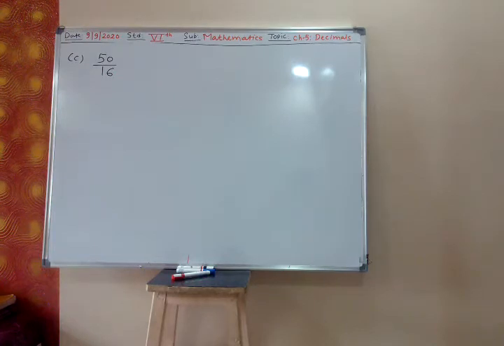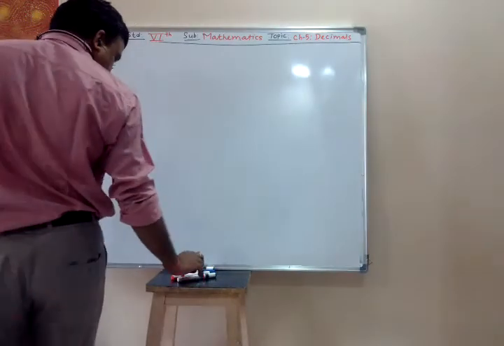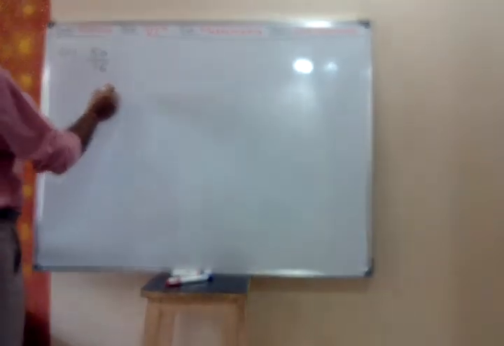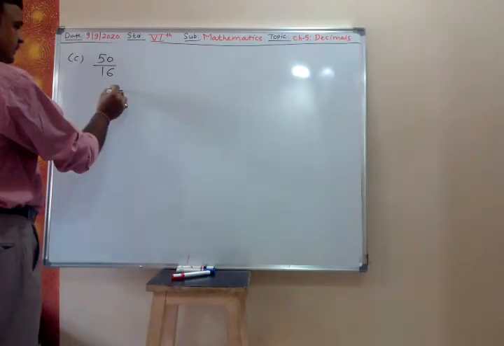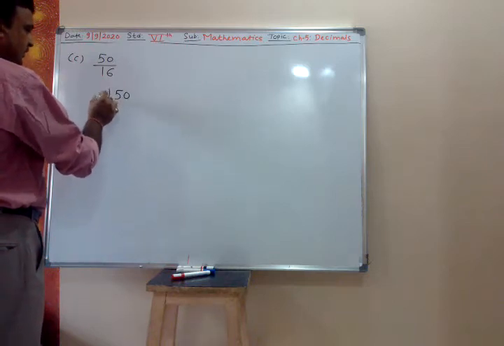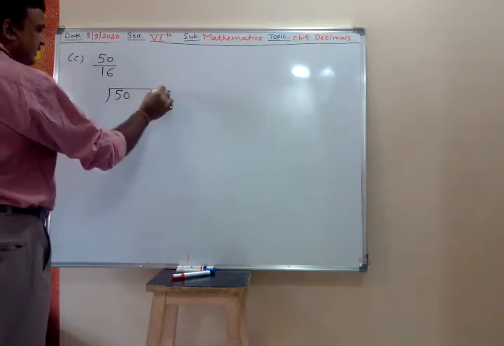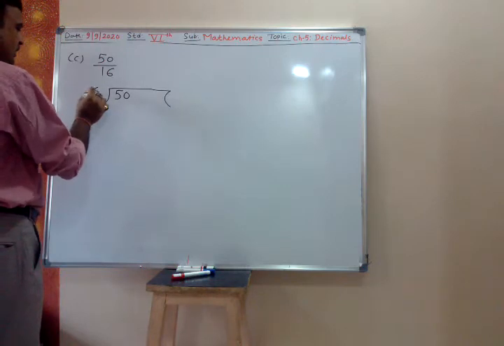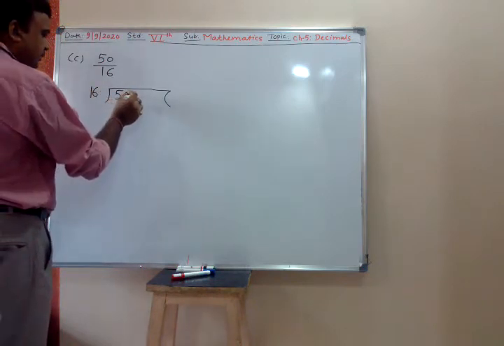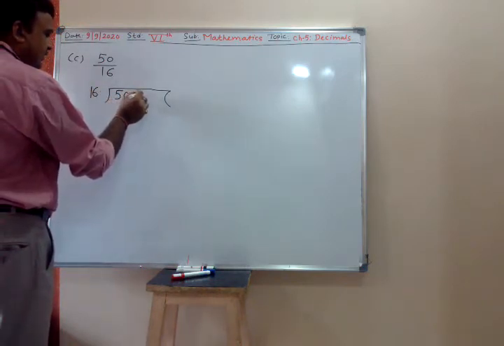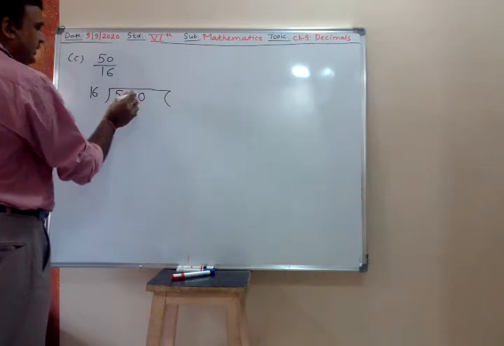50 upon 16. So we have to divide 50 by 16. So what we do, this is my 50, and we have to divide this 50 by 16. So I will write the point and then I will put 1 0 in the beginning.